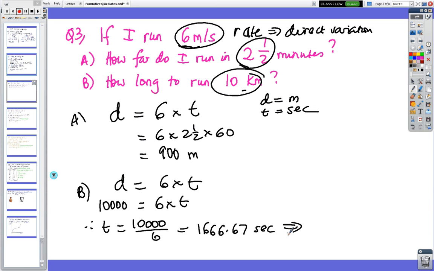If you wanted to, you can divide that by 60, but you don't have to. So that's 27.77 minutes, and that's close enough. Which is a pretty good 10k time. Okay, coming across when you're ready.